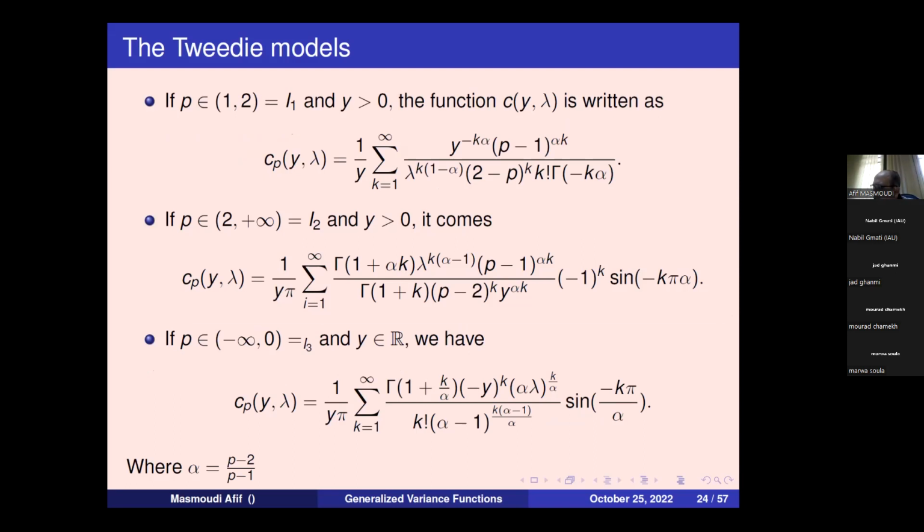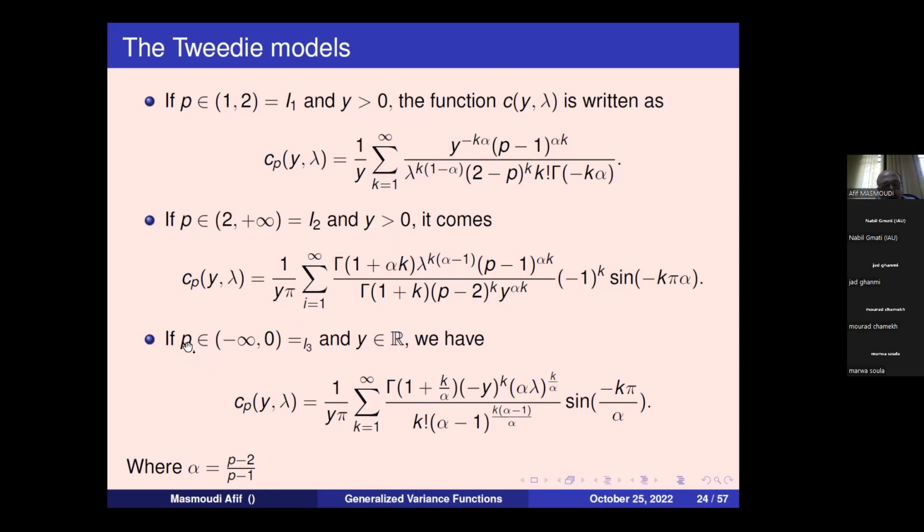For the Tweedie natural exponential family, in the first case where p belongs to (1, 2), we have a compound Poisson model. If p belongs to (2, +infinity), we obtain the positive stable model with index alpha, which belongs to (0, 1).